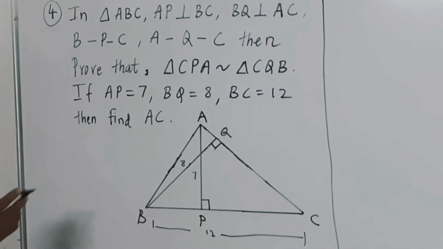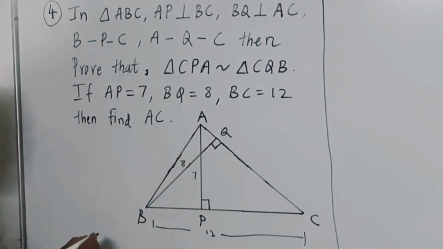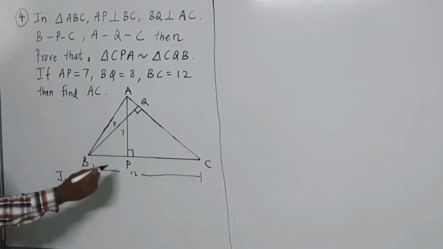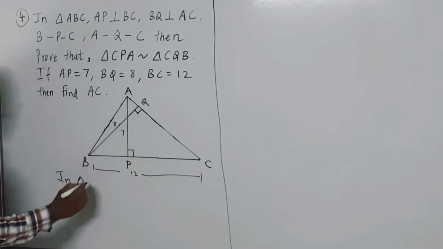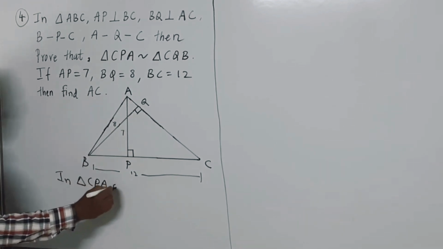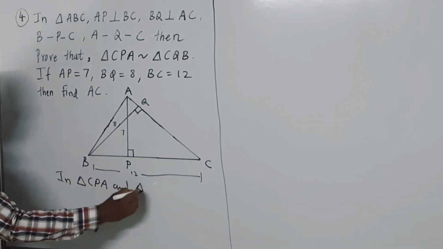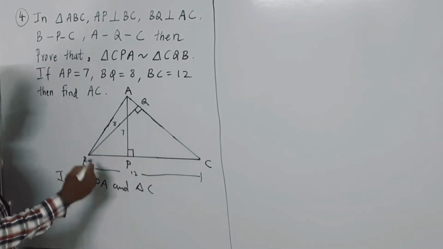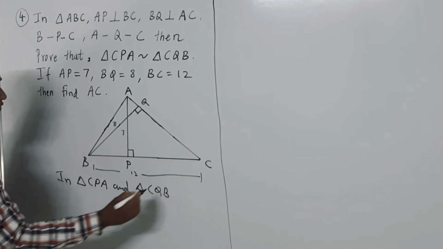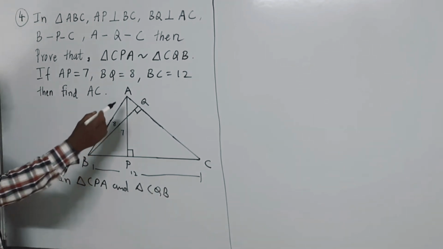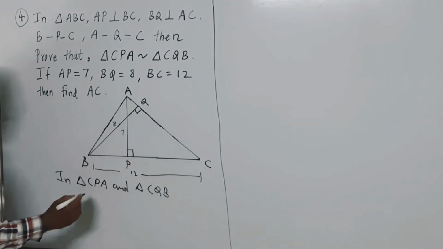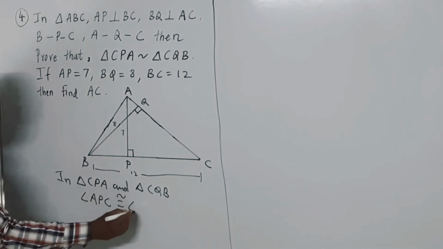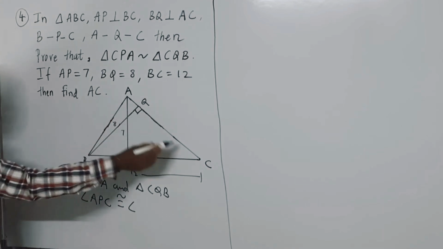Now here, let us consider triangle CPA and triangle CQB. In these two triangles, angle APC is congruent to angle BQC.